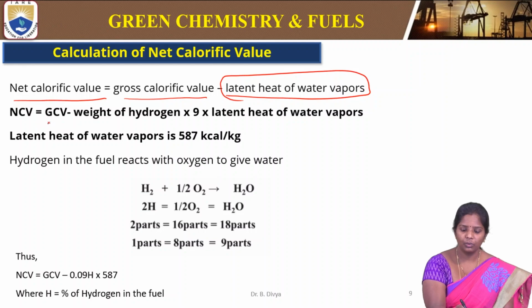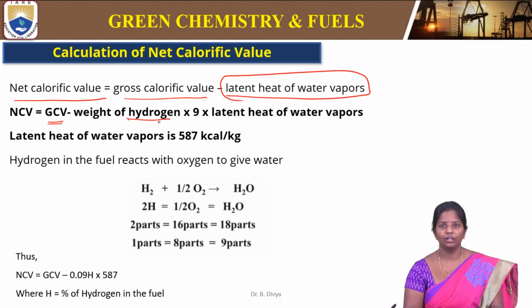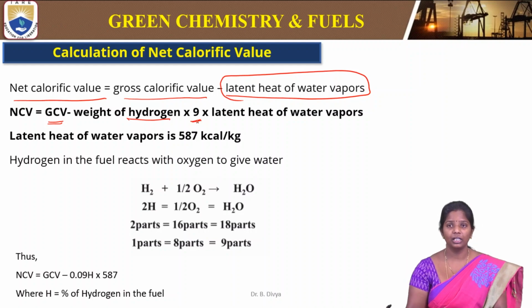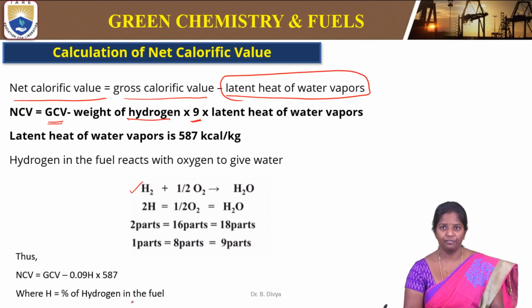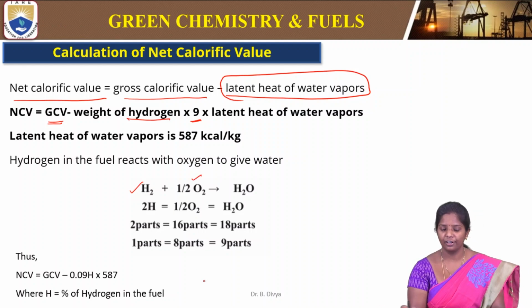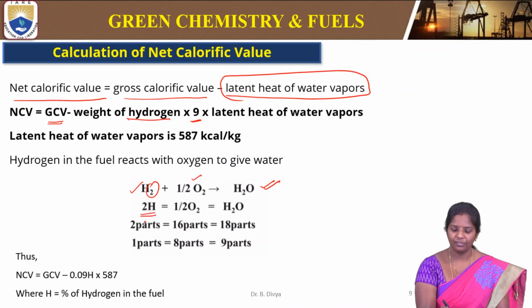So it is also equal to GCV minus weight of hydrogen into 9. Any fuel will contain hydrogen. How did we get this 9? If there is hydrogen in that particular fuel, when it undergoes combustion it combines with oxygen and forms water. So 2 parts of hydrogen and oxygen give water.